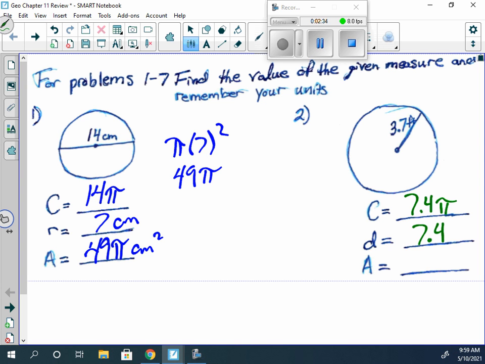The area is pi r squared, so we'll do pi times 3.7 squared. So we could say 13.69 pi, or 43.008 if we wanted to approximate.